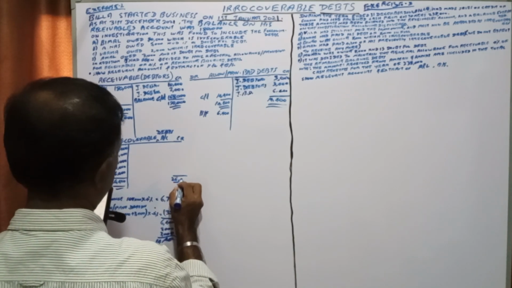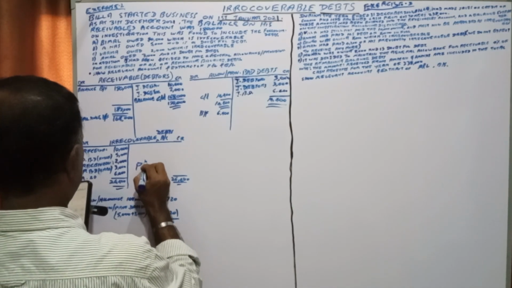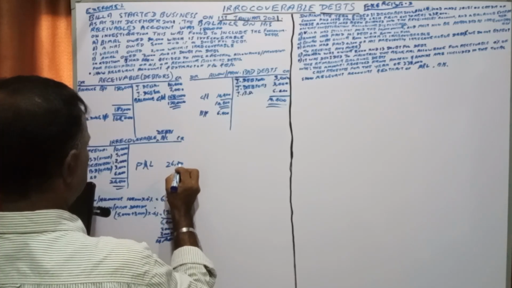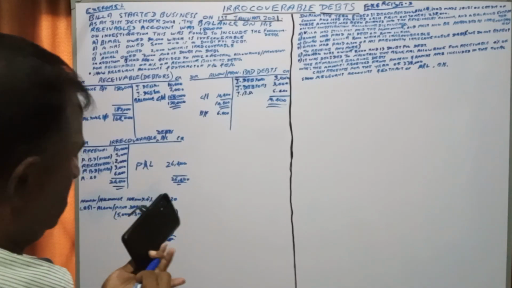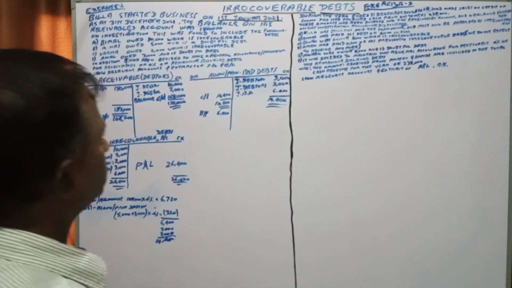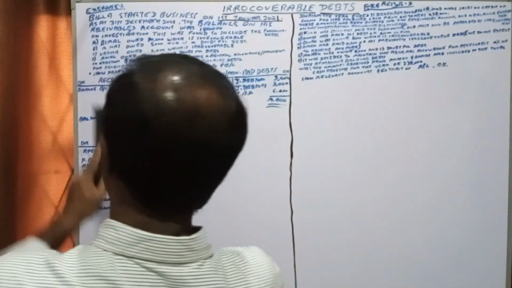This goes to the P&L, profit and loss account, 26,400. Okay. Have you understood this one?